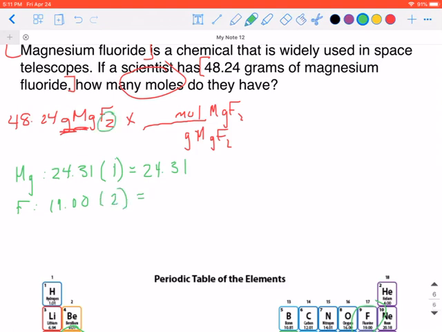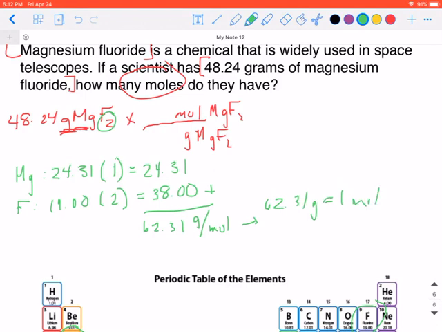So that gives me 38, I believe. Yeah, 38. When we add those up, we get 62.31 grams per mole. So this number means we got 62.31 grams for every 1 mole.